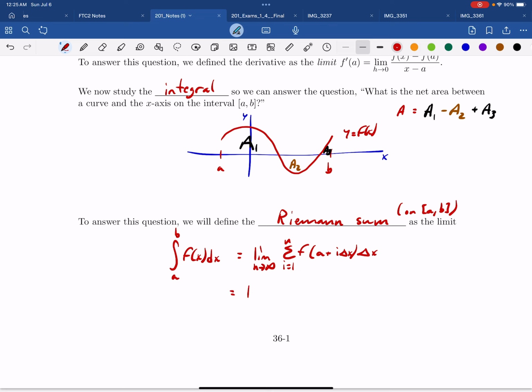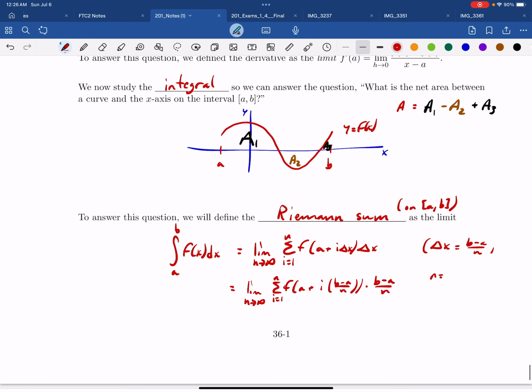And really, this is the limit as n approaches infinity of the sum from 1 to n of f of a plus i times the quantity b minus a over n, times b minus a over n, where delta x equals b minus a over n, and n equals the number of rectangles.